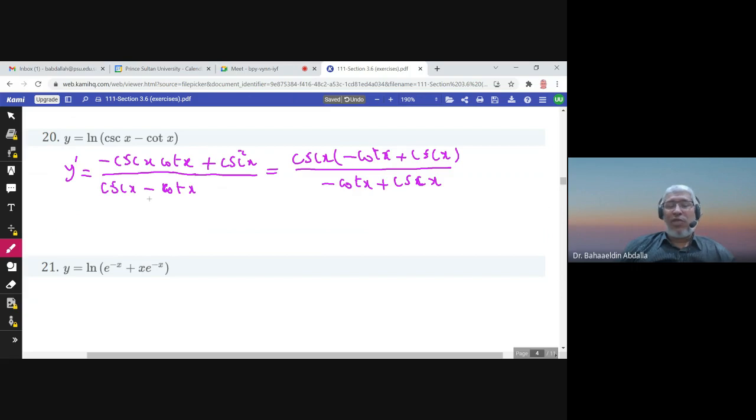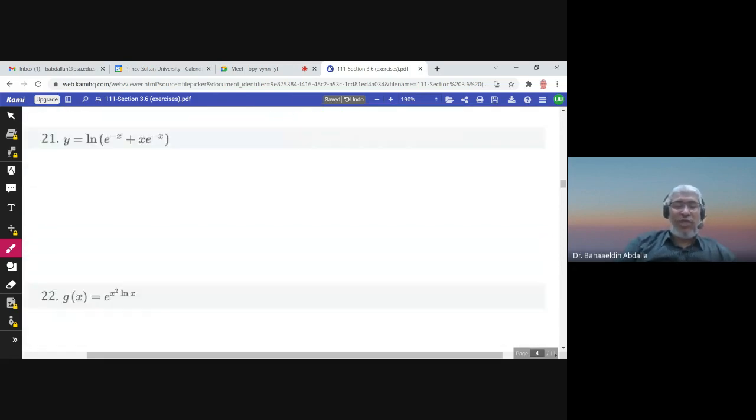You can write it cosecant negative cotan or negative cotan plus cosecant. They cancel, and the answer is cosecant x. So the derivative of this is just cosecant x.